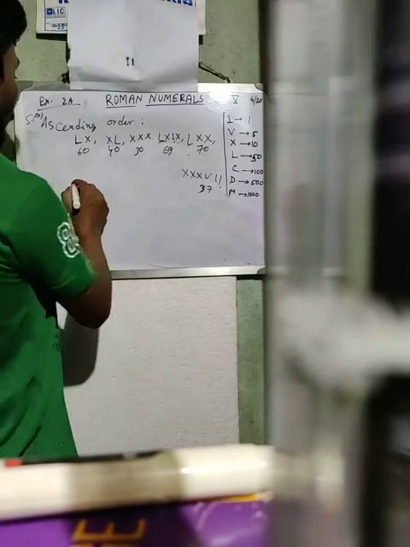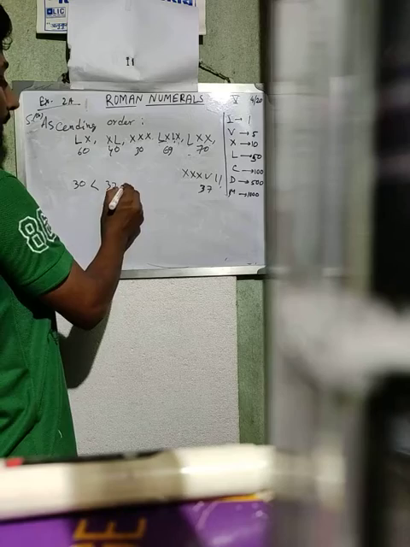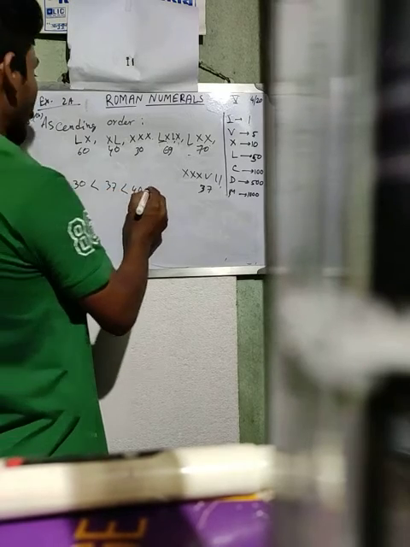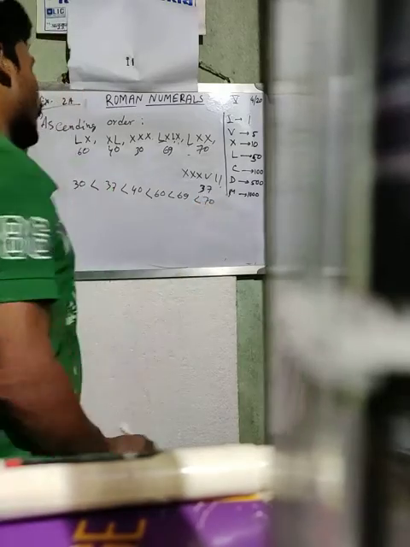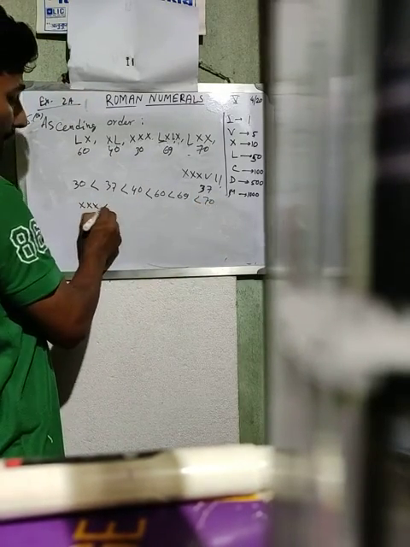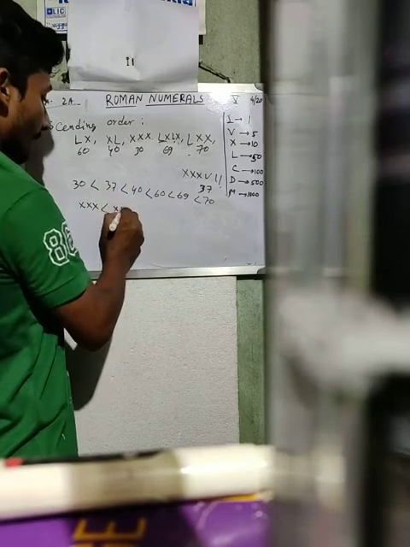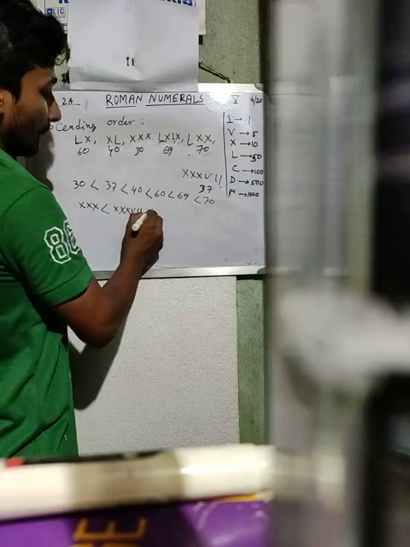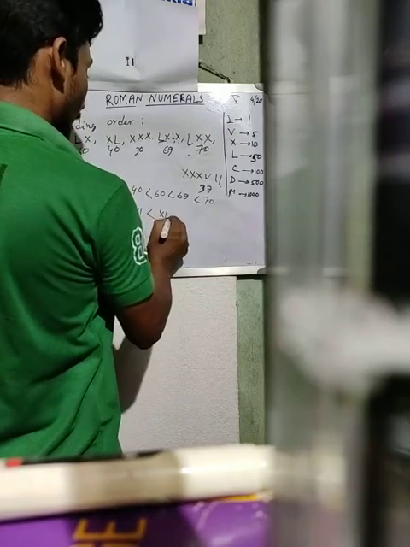So we can write in ascending order: 30 less than 37 less than 40, 60, 69, 70. So what is the answer? 30 means XXX. Then 37 is XXXVII. Next 40 is XL.